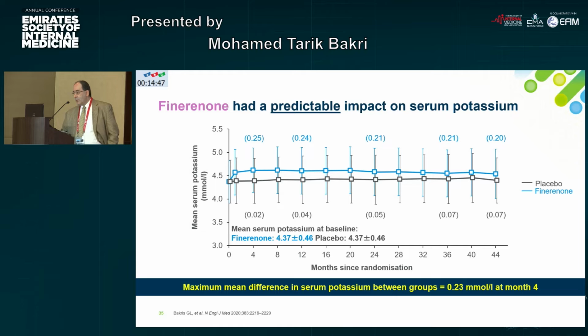And regarding hyperkalemia, which is predictable just because of how the medication works, there was an increase in the potassium, but again it was manageable and not that high. The maximum mean difference, around 4 months, was an increase of 0.23 millimole per liter.